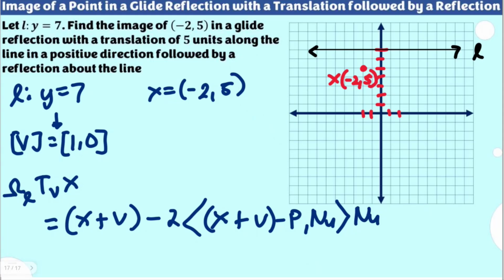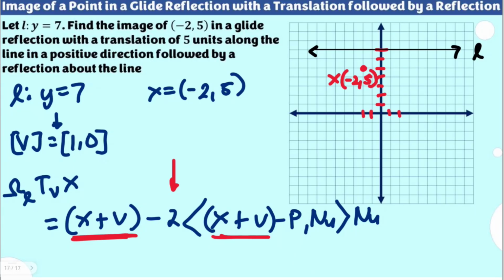This is the formula when we start with a translation first before a reflection, because the main point here is we take the translation as another point and subject that to our formula for reflection.